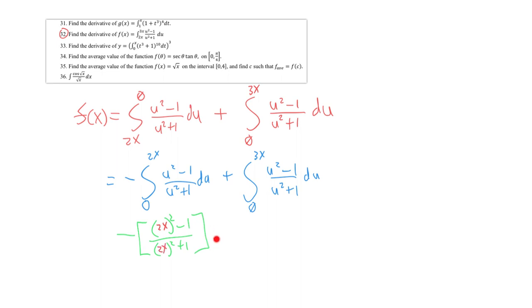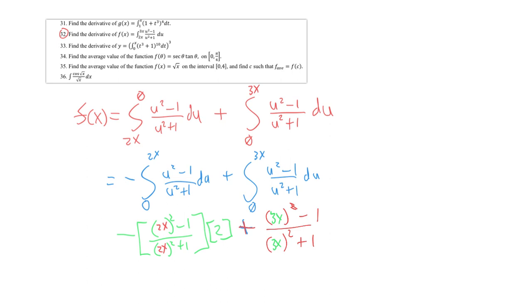But now we have to do the additional thing of multiplying by the derivative of 2x. And the derivative of 2x is just 2. All right. So it's going to be that plus the exact same protocol over here. So we'll keep it in red actually. So it's going to be something squared minus 1 over something squared plus 1. And what do we substitute in there? Well, it's going to be 3x.